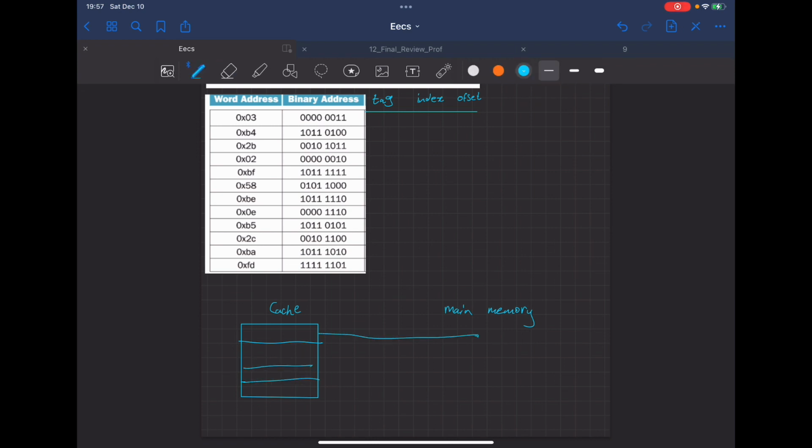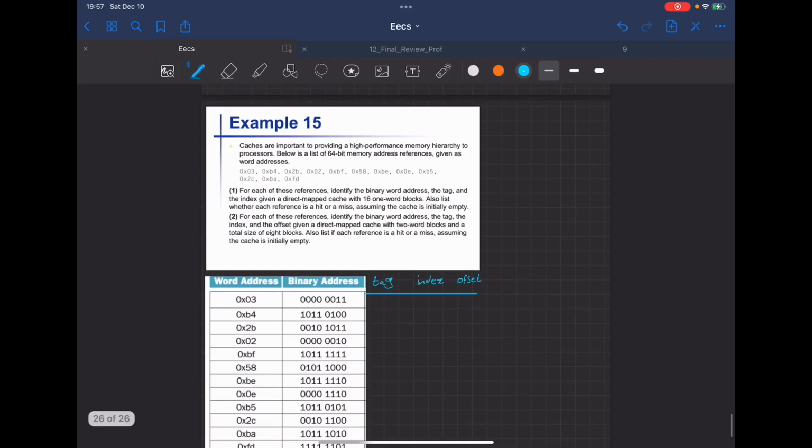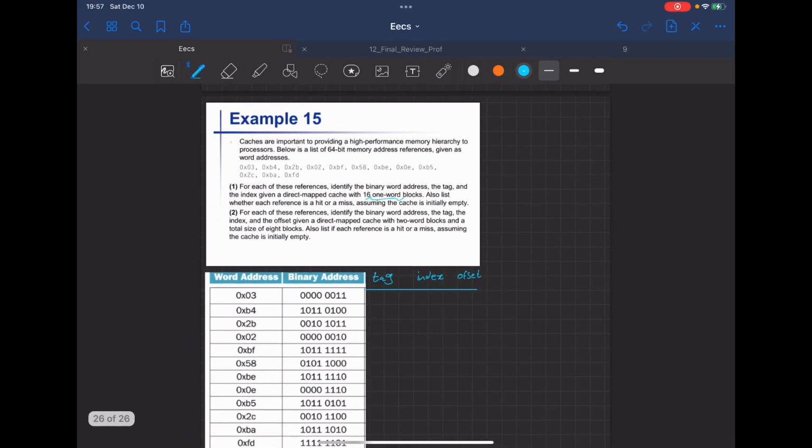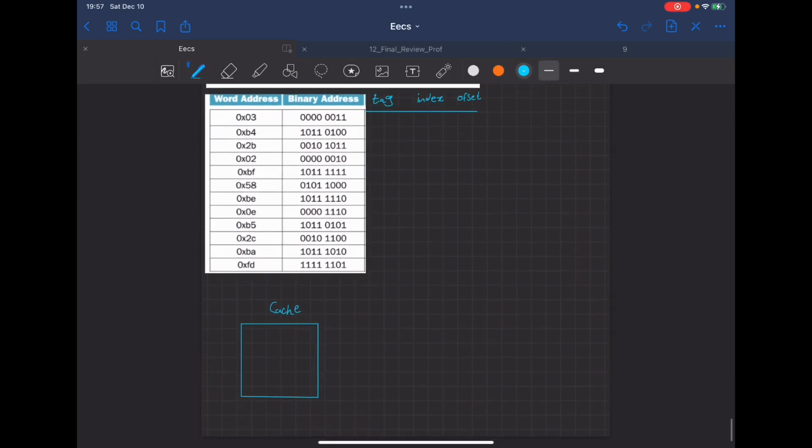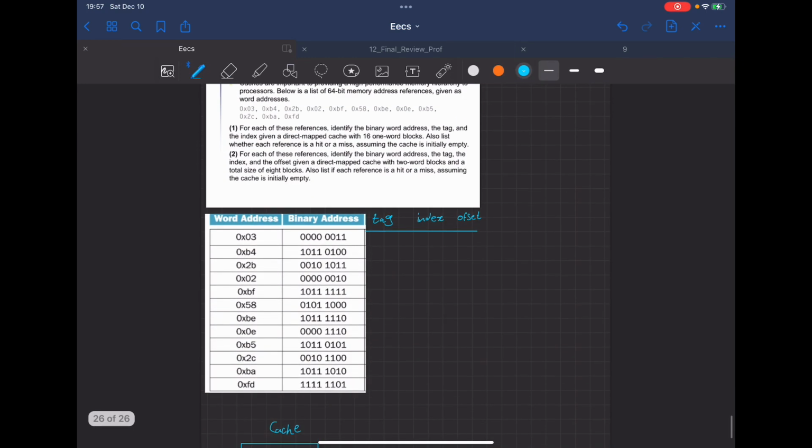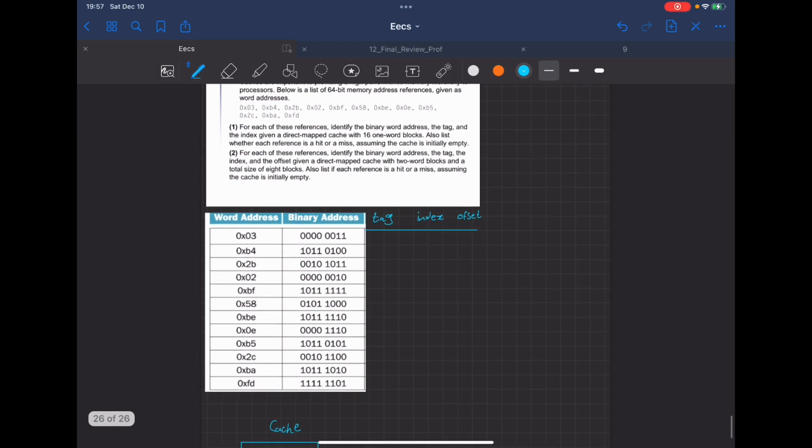These directly map to the main memory like that, okay? So in order to understand that, we have to understand how the main memory would be set up, in our case for 16 one-word blocks. Okay, so 16 one-word blocks, right?